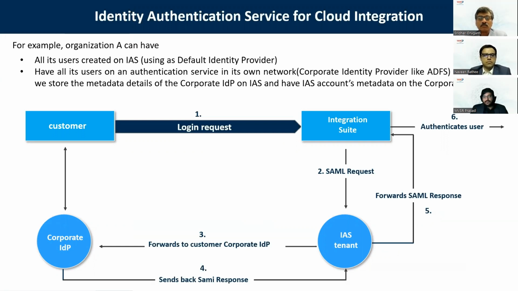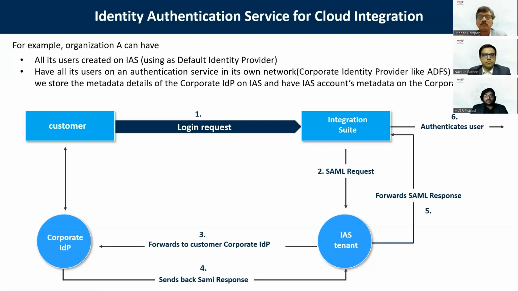When it comes to login requests, the configuration is completely based on SAML assertion. So we have to configure Integration Suite, BTP, and also IAS, and the SAML assertion, where we need to configure the complete flow between Integration Suite, IAS and BTP.